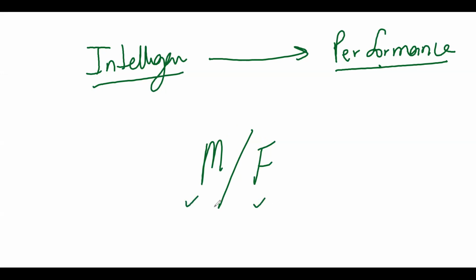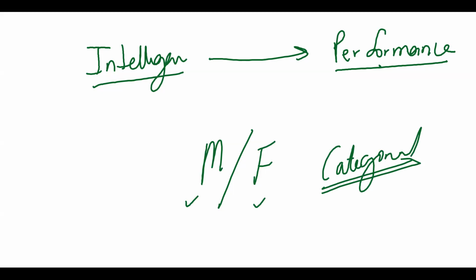That is called categorical moderation. So now you understand what is categorical and what is continuous moderation. So this is simple moderation. If you have clarity on this, it means the moderation part is clear.